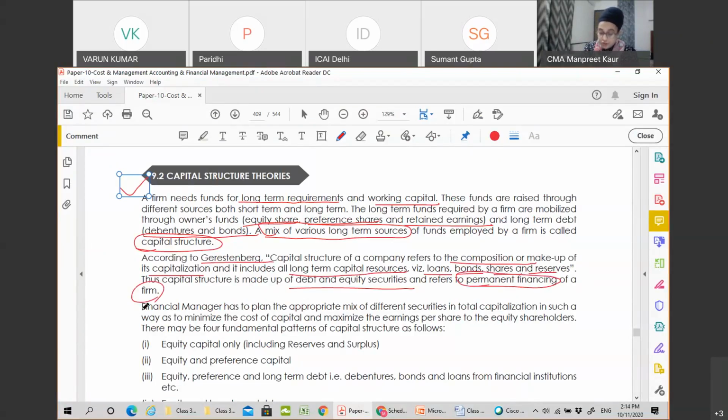If a financial manager has to plan an appropriate mix of the different securities in such a way that it minimizes the cost of capital, it is a very, very important term. Minimize the cost of capital and maximize the earning per share to the equity shareholders.